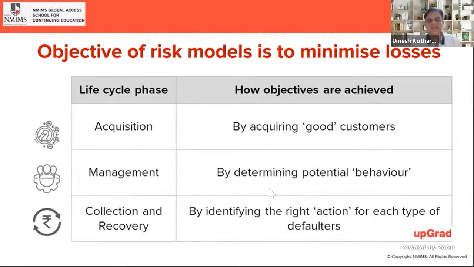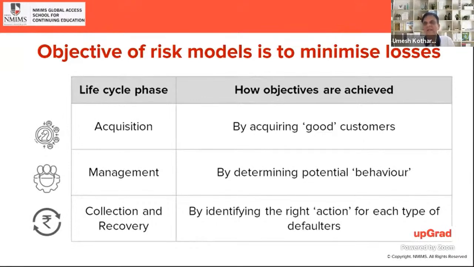So just to summarize what we spoke about on risk models to minimize losses: at the acquisition stage, our key objective is to onboard a good portfolio of customers. Then, customer management across the life cycle is to track behavior, to mitigate and minimize, and therefore prevent losses, frauds and risks, from a risk-averse portfolio.